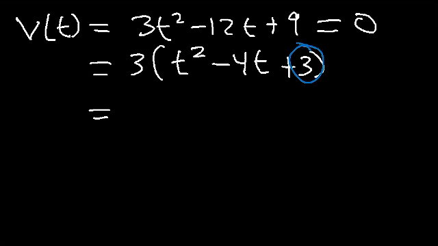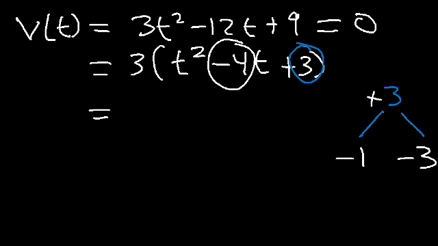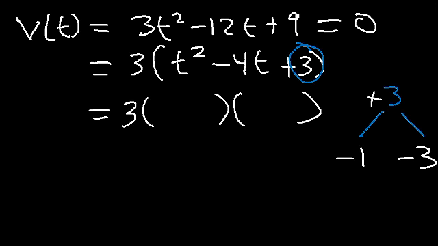In this case, find 2 numbers that multiply to 3, but add to the middle coefficient of negative 4. This is going to be negative 1 and negative 3. Negative 1 times negative 3 is positive 3, but negative 1 plus negative 3 adds up to negative 4. So to factor it, it's going to be t minus 1 and t minus 3.